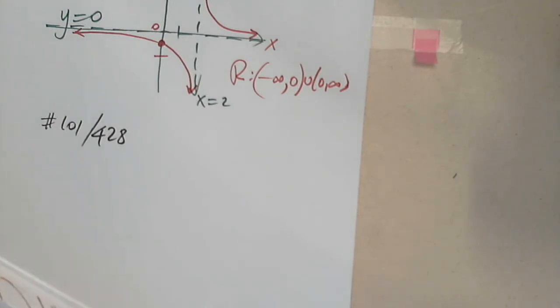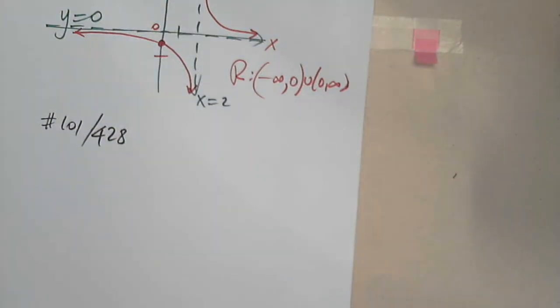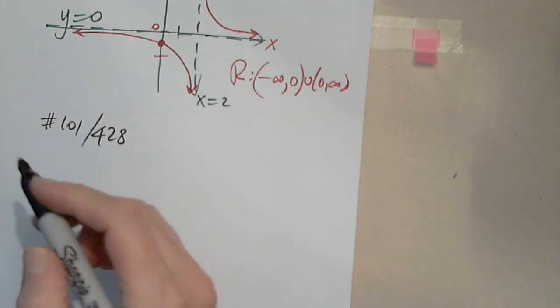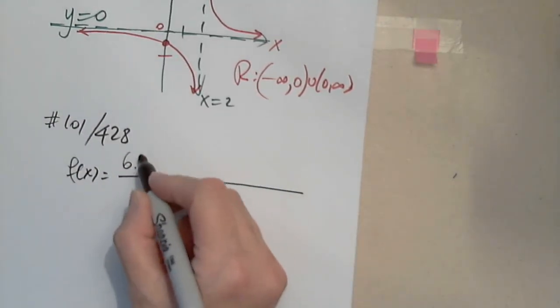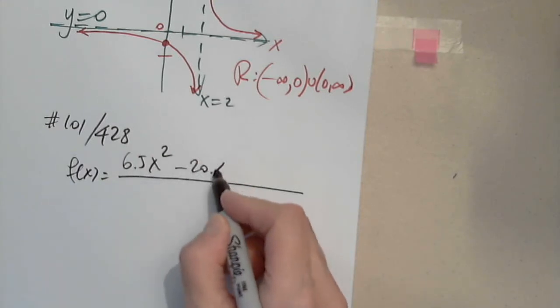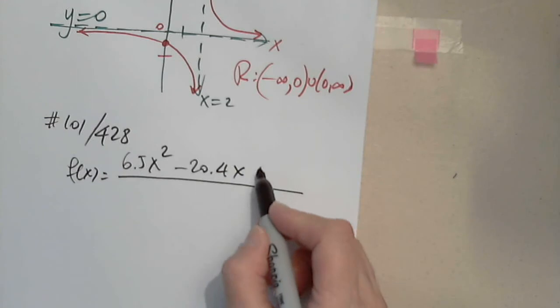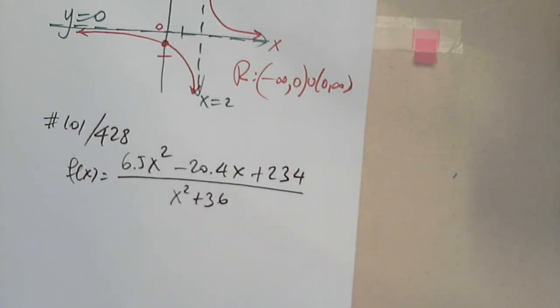Okay, so here's the graph of a function. Can we see? Let me copy the function before I show you the graph. So the function is f of x, 6.5x squared minus 20.4x plus 234 divided by x squared plus 36.